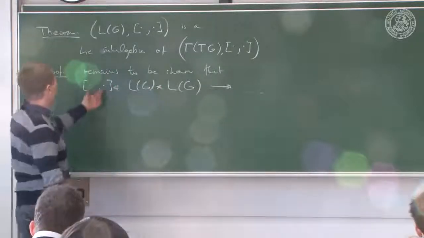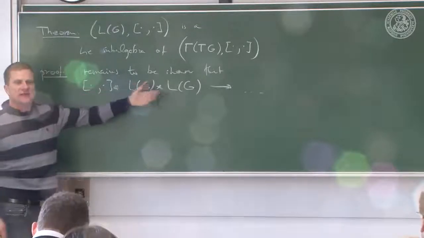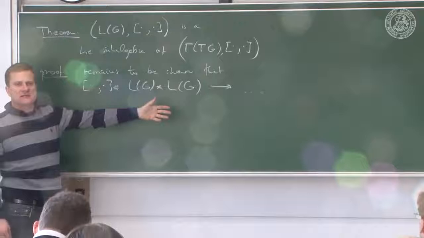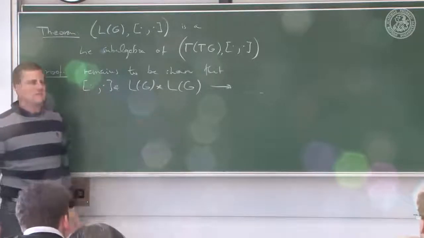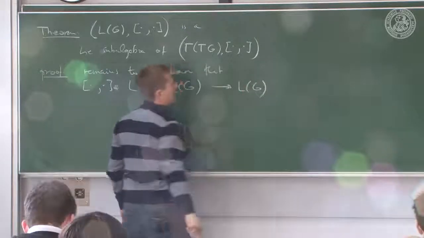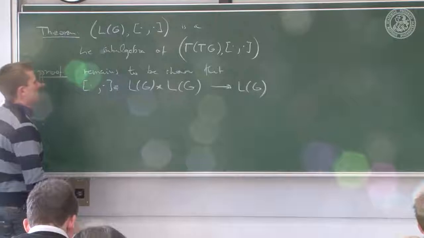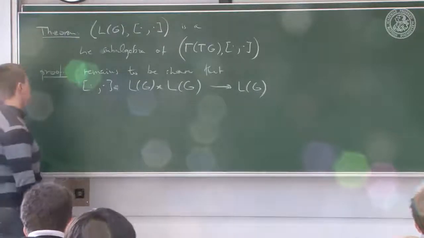It could be that you feed it two left invariant vector fields, but the bracket destroys this left invariance property, and the result is a vector field, it must be, but it's not a left invariant vector field. So we need to show that the result is again a left invariant vector field. How do we do that?